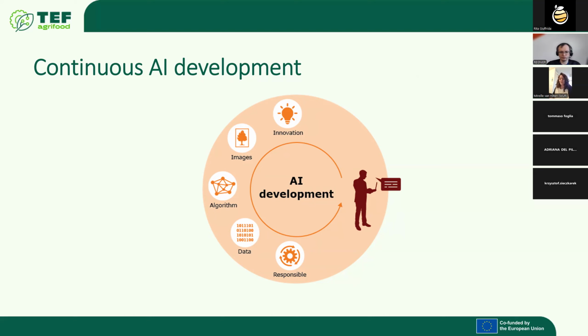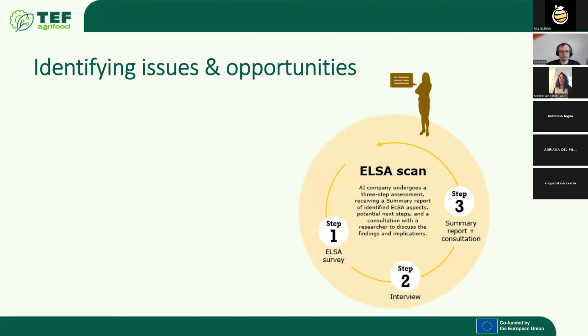And this is a continuous phase, and we want to provide this ELSA scan service as early on as possible in this development cycle, because if you can do that early on, the technology can still be changed, and factors in the surroundings or in the organization or legal aspects can still be tackled early on and easily improved. Next slide, please. So ELSA stands for ethical, legal, and social aspects, which I will show later on.